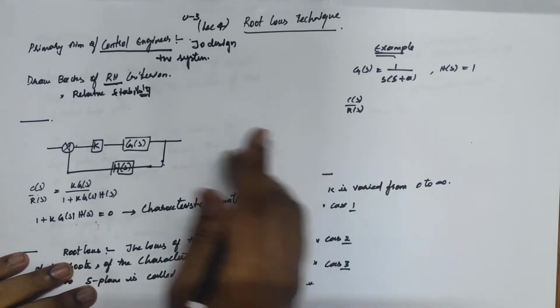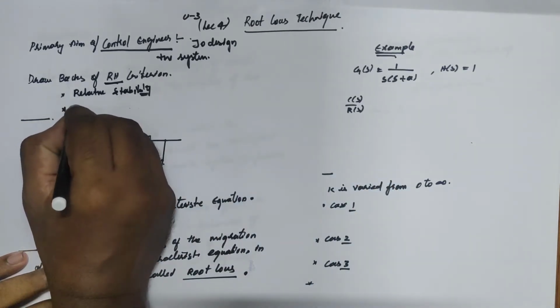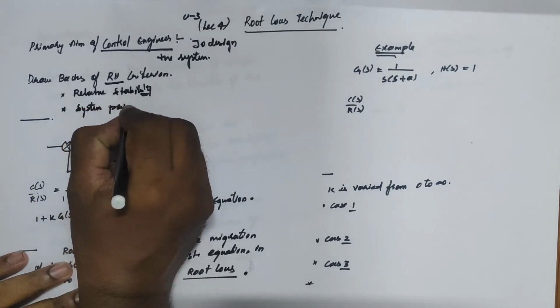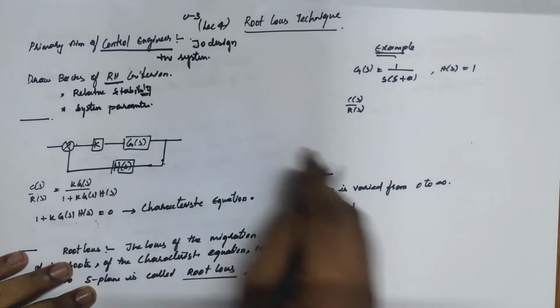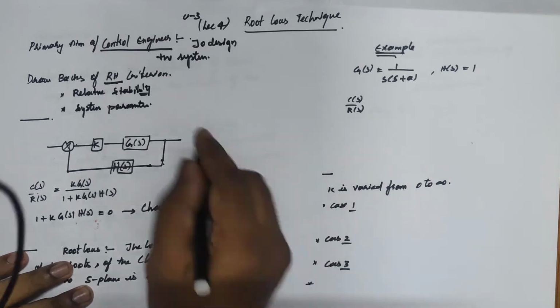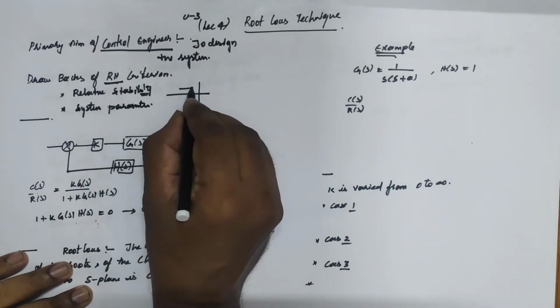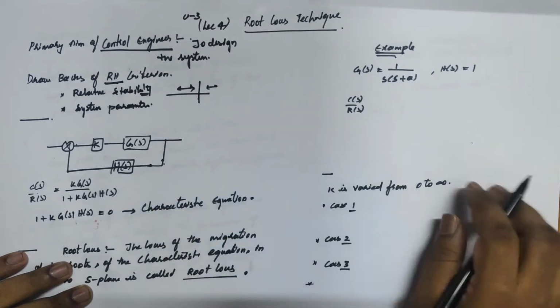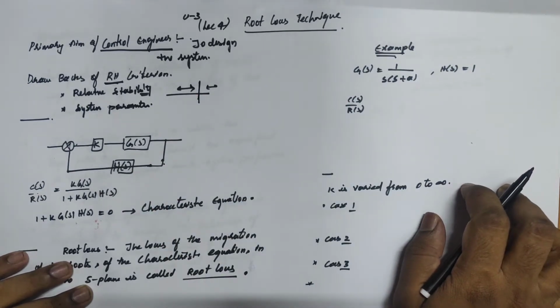Also, we cannot find the system's parameters like rise time, peak time, and all. In Routh-Hurwitz criteria we know only whether my poles are located in the left half or right half, and the rest of the things we can't do with Routh-Hurwitz criteria.